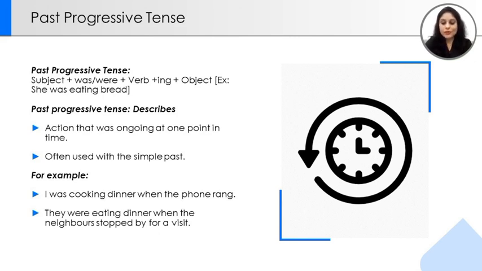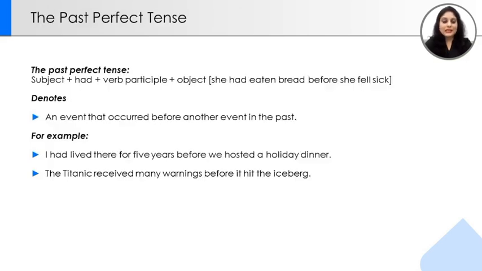Let us now move to the next form and the next type of the past tense, which is the past perfect tense. Let's see how this tense is used in language. The past perfect tense denotes an event that occurred before another event in the past.